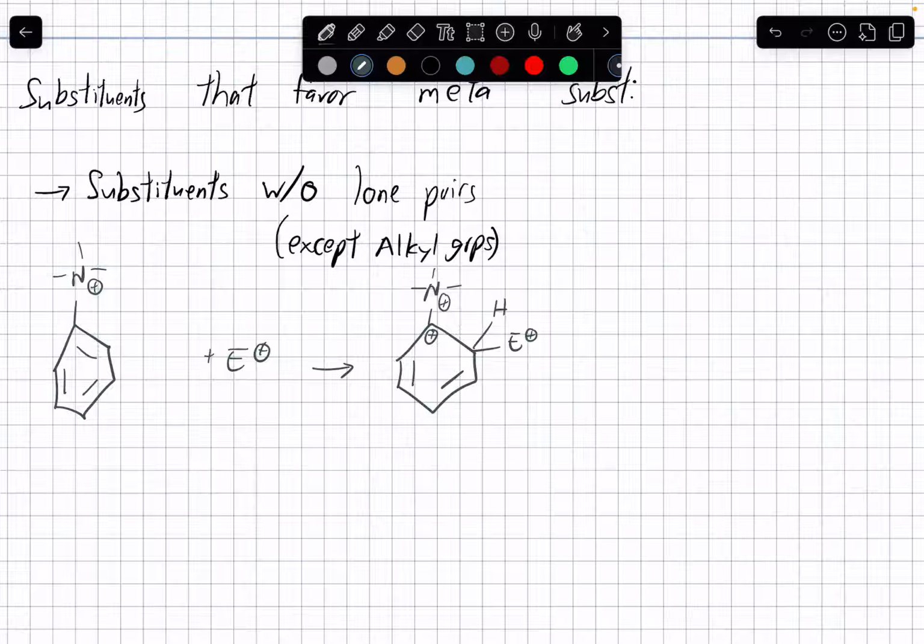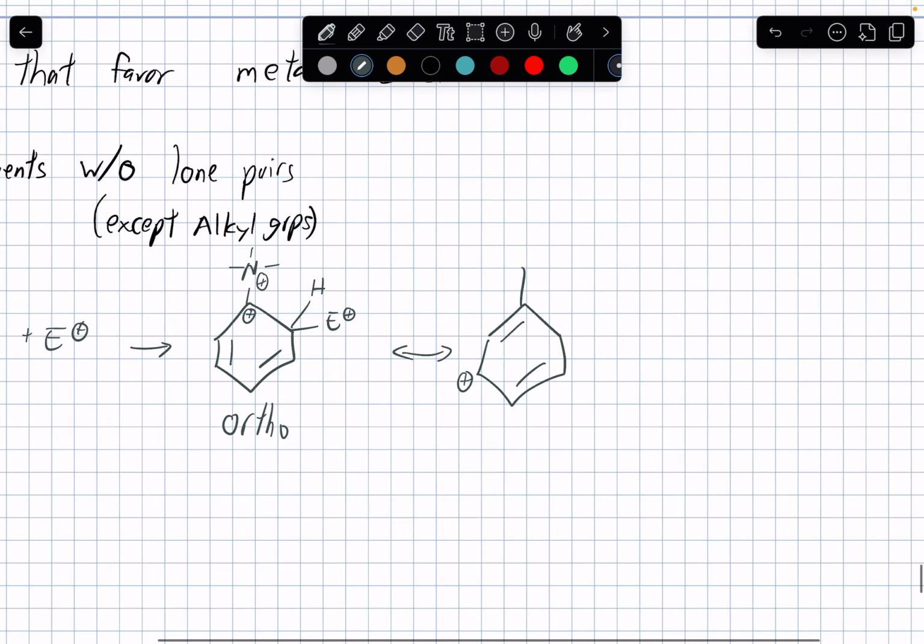Positive charges become so close to each other now. What's another resonance structure? This one is in the ortho position. This one is in the meta position. So as you can see, they're far from each other.